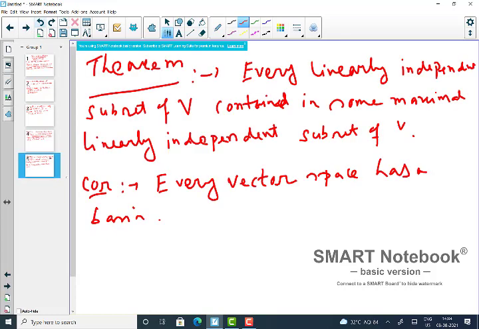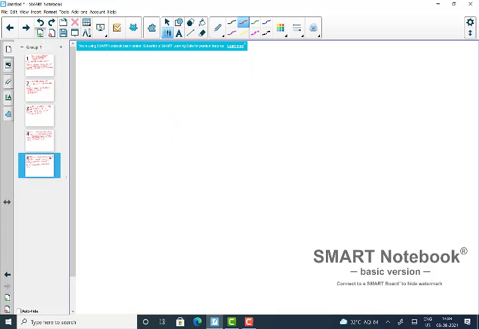Now to prove this theorem, we will use Zorn's lemma. Let me start with the proof.